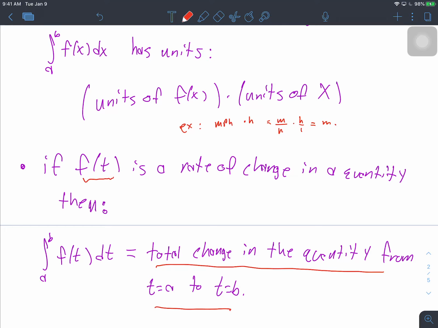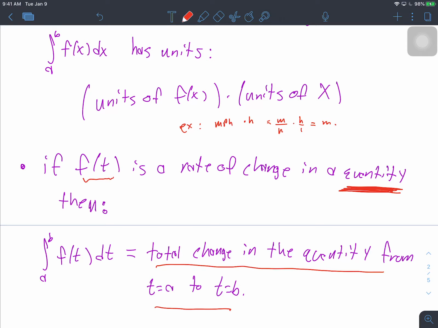The challenging problem was when that quantity was itself a rate of change. It was the beats per minute of a heart rate of a runner, and we had some function which measured the rate of change of that rate of change. Well, the integral from a to b of any rate of change will give us the total change in the quantity which f of t is a rate of change of.